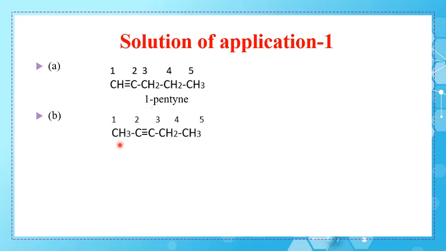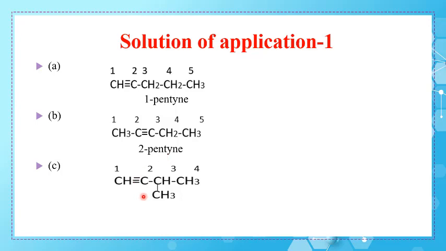Then I take the straight chain, but I change the position of the triple bond and I put it between the second and the third carbon atom. So the nomenclature is, according to the position of the triple bond, 2-pentyne.